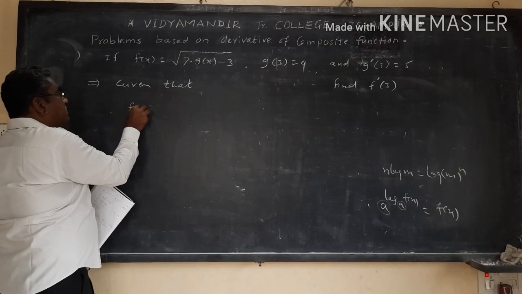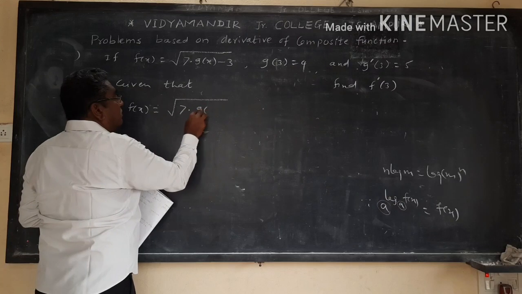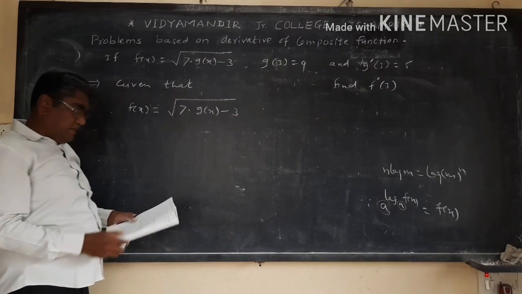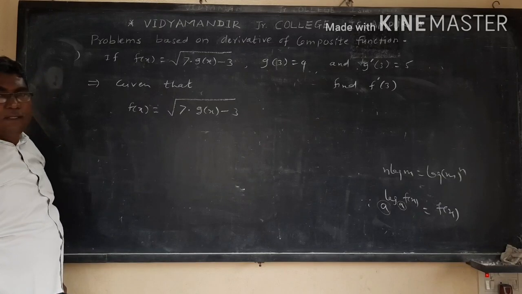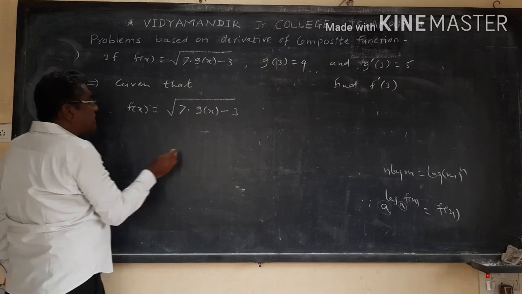Given that f of x is equal to root of 7 into g of x minus 3.